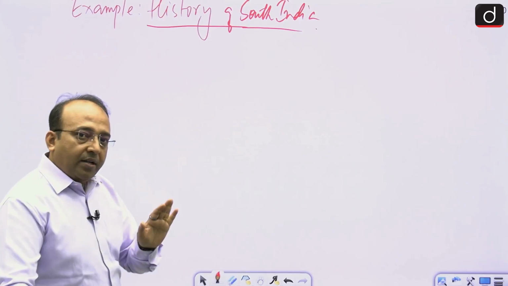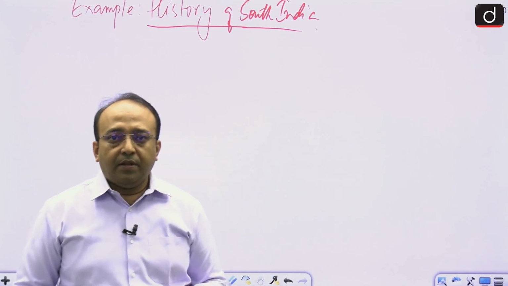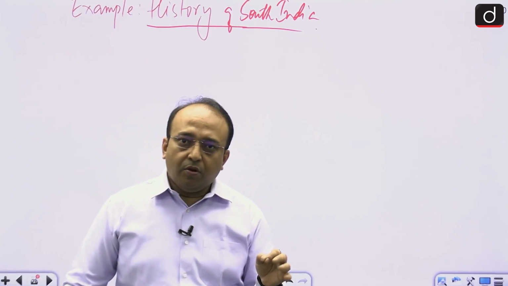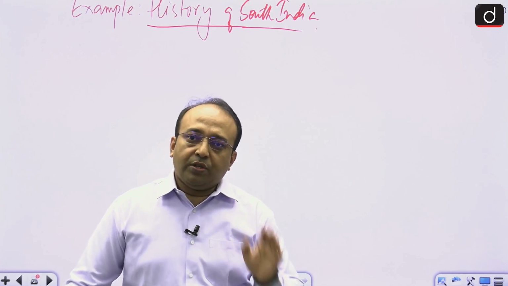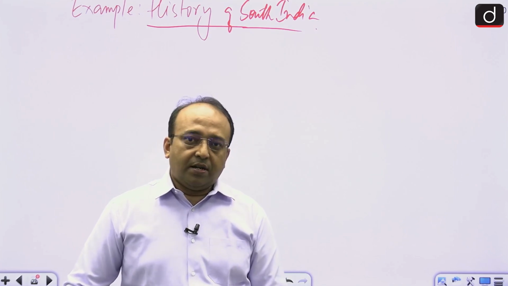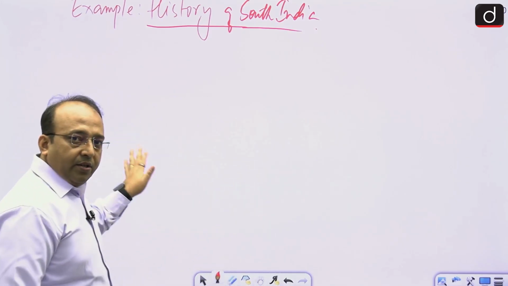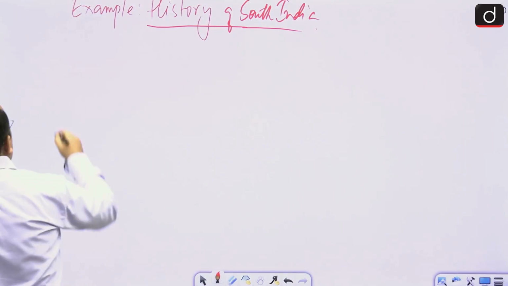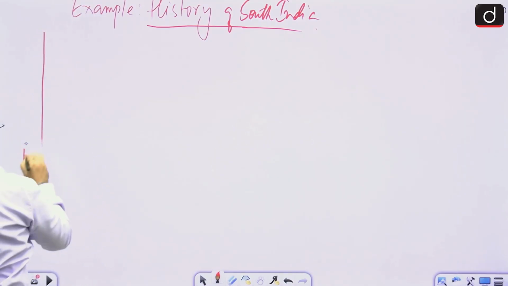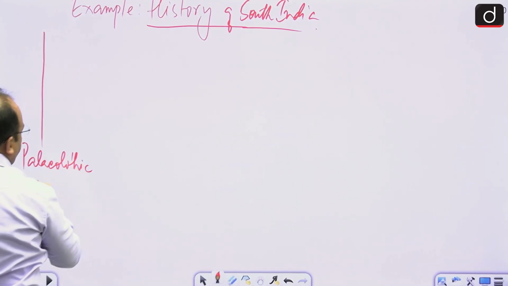History of South India is one topic which you have to understand, in ancient India, in Paper 1 of History Optional. Now, how am I going to teach you in the class? That is also important for you to realize here itself. See, the history of South India is traced right from the Paleolithic age.